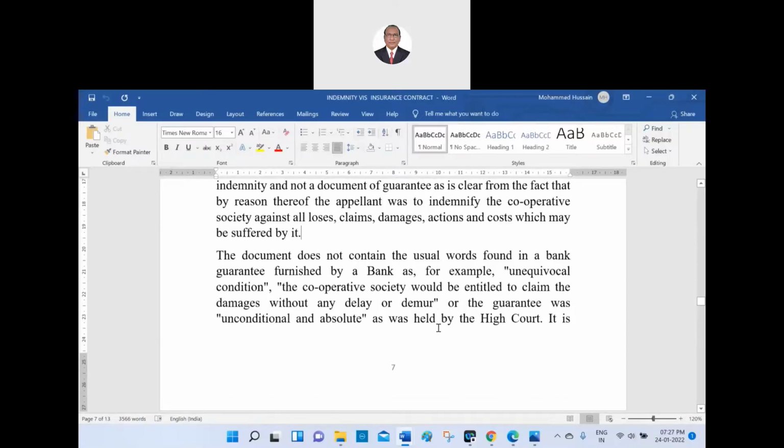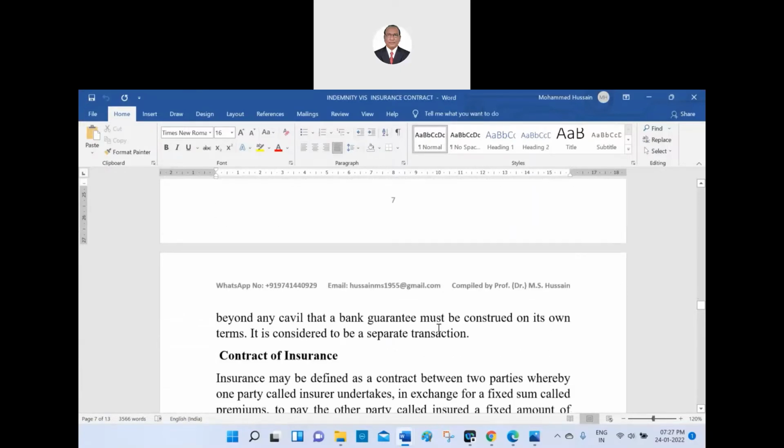So now the document does not contain the usual words found in the bank guarantee furnished to the bank, as for example, the unequivocal condition that the cooperative society would be entitled to claim the damage without any delay or demur. Or that the guarantee was unconditional and absolute, as held by the High Court. It is beyond any cavil or doubt that a bank guarantee must be construed on its own terms.